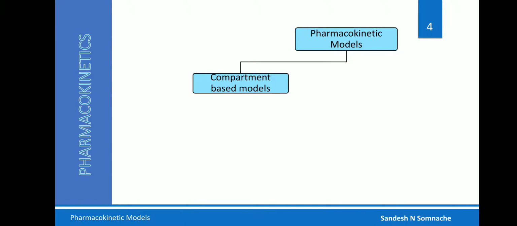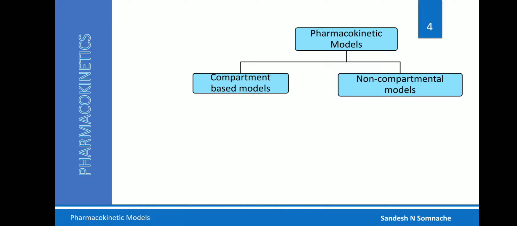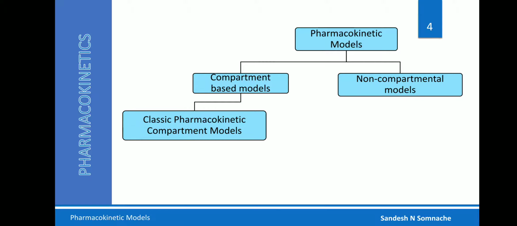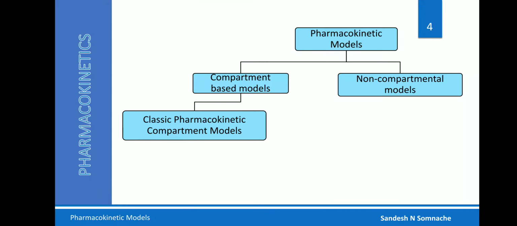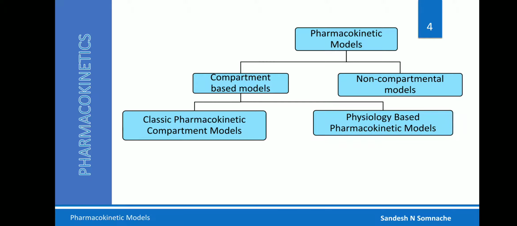Pharmacokinetic models are basically categorized into two: compartment based models and non-compartmental models. Compartmental models include classic pharmacokinetic compartment models and physiology based pharmacokinetic models.